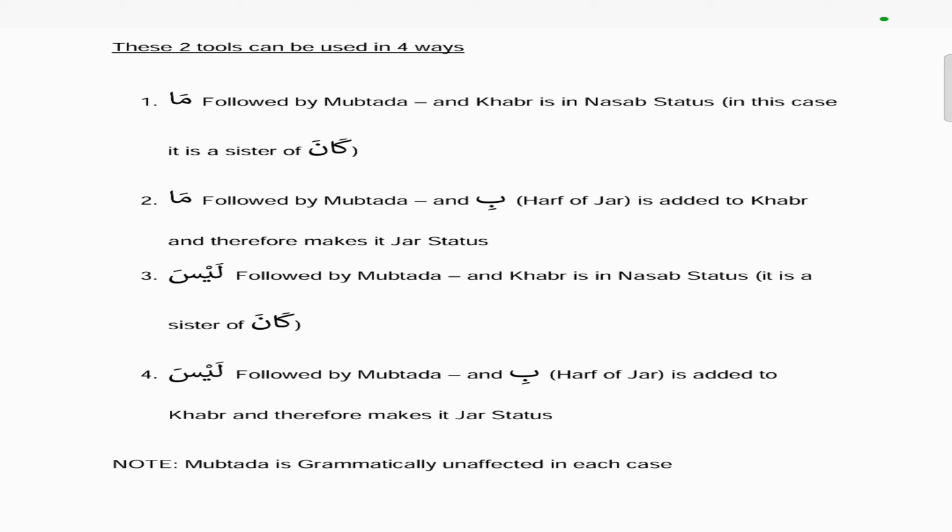So the first way is the ma is followed by the mubtada, because remember we're talking about noun sentences. So ma can be followed by the mubtada, and the khabar is in nasab status in this case, as this ma is a sister of kana.